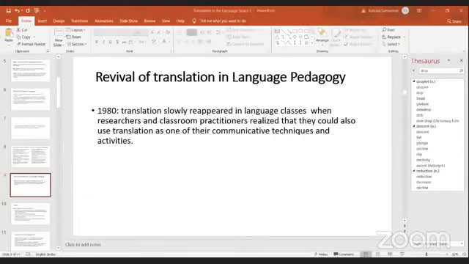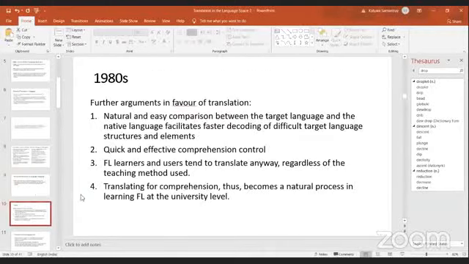These are the things that researchers have come across and people have used in translation. There are also further arguments that translation for comprehension becomes a natural process in learning foreign languages at the university level.